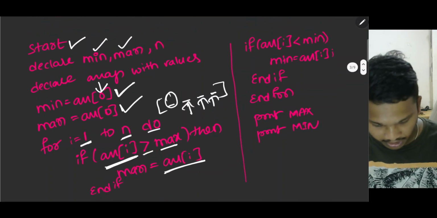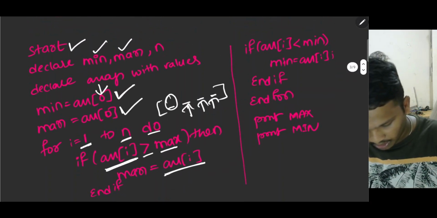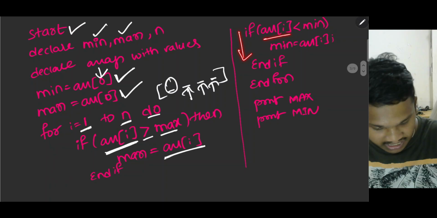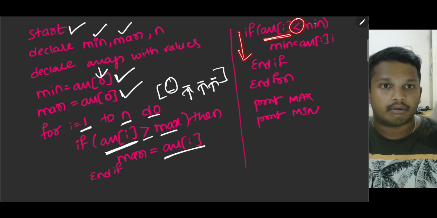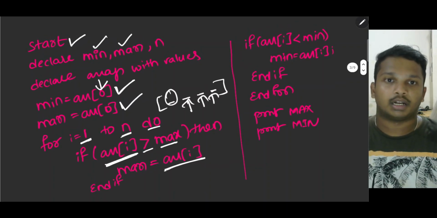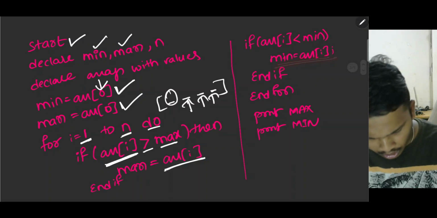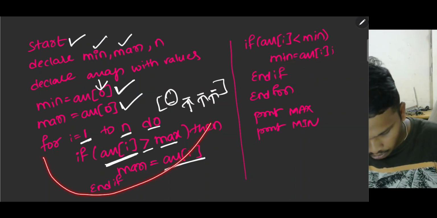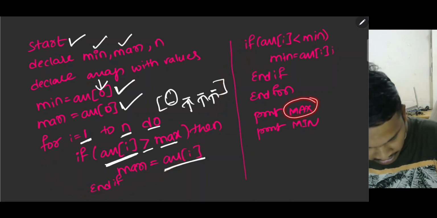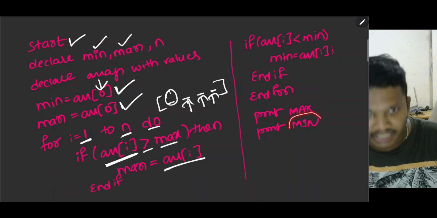Similarly, in this for loop only, I wrote this one also: if array of i is less than minimum value, then I will update the minimum value. Okay. Now, after completing the for loop, I will write printing this maximum and printing this minimum.